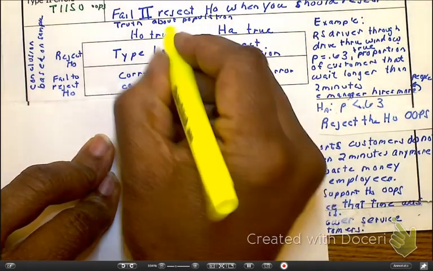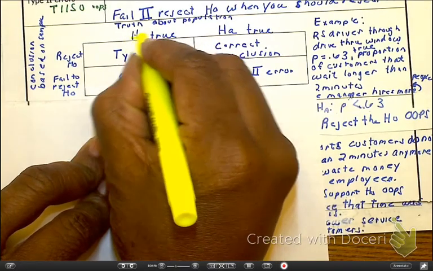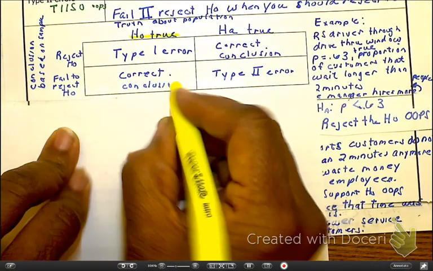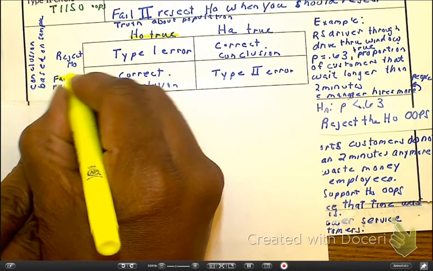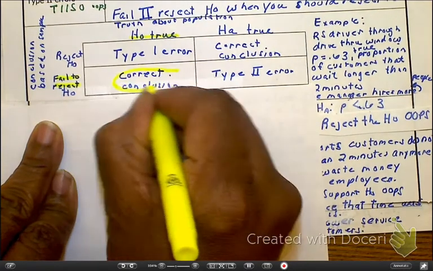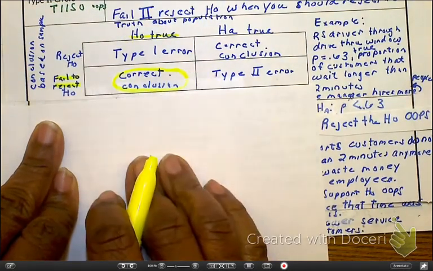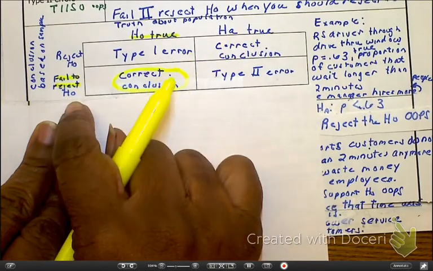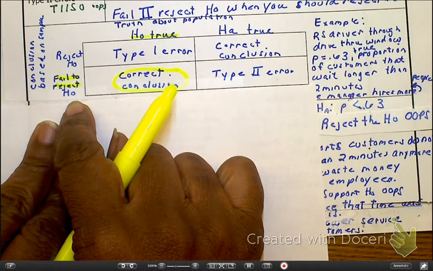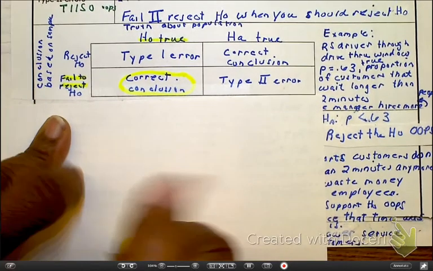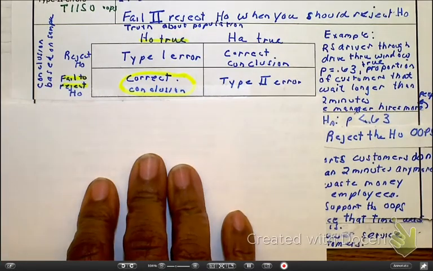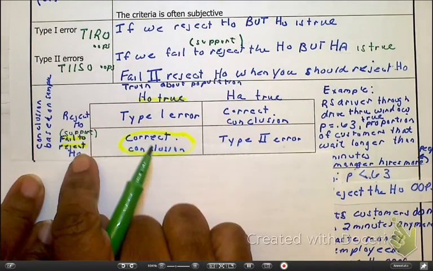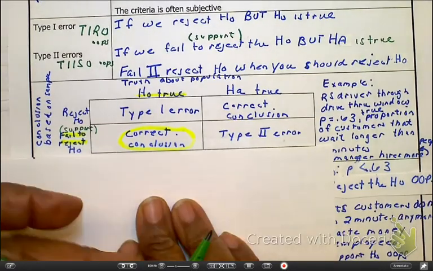Here we have, when your null hypothesis is true, but you fail to reject it, okay, that means it's true and you support it. So that's a good thing. So I'll say it again, you supported the H0 and it's true, good thing.